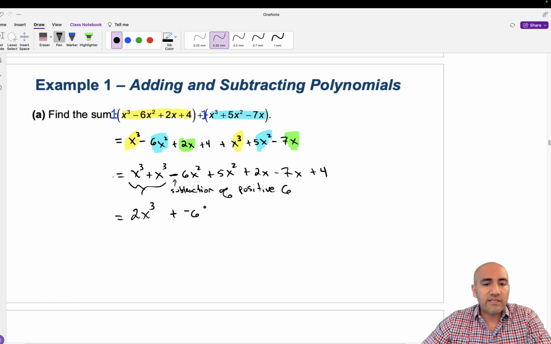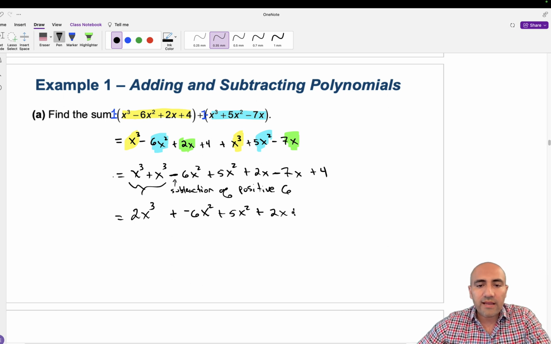Subtracting a positive 6 is the same thing as adding a negative 6x squared plus 5x squared. I'm just going to copy the whole thing down there. 2x. And then same thing with this. This is a subtraction of a positive 7x. So we can do the same thing and rewrite it as an addition of a negative x plus 4.